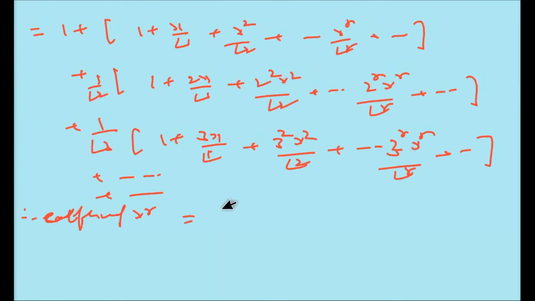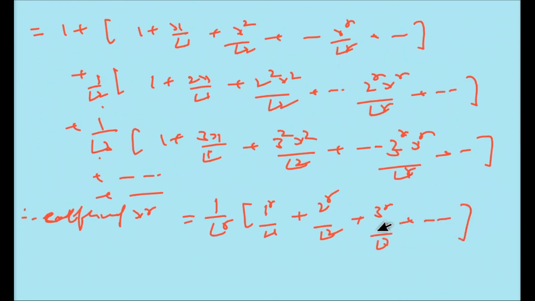Taking 1 upon factorial r common, we get 1 to the power r upon factorial 1 plus 2 to the power r upon factorial 2 plus 3 to the power r upon factorial 3. This 1 upon factorial r is common. Okay, so we have proved it.